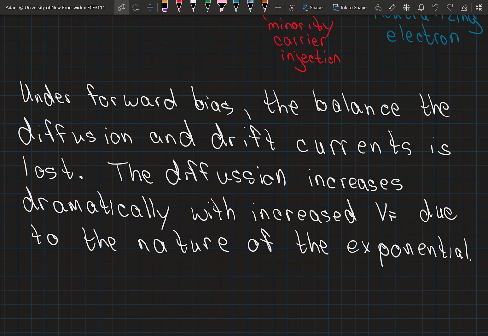Next class we will go through a bit of a derivation to see if we can solve for the magnitude of that forward diode current, whereas today we've just looked at it qualitatively at this point. So we'll try to quantify it in the next lecture.